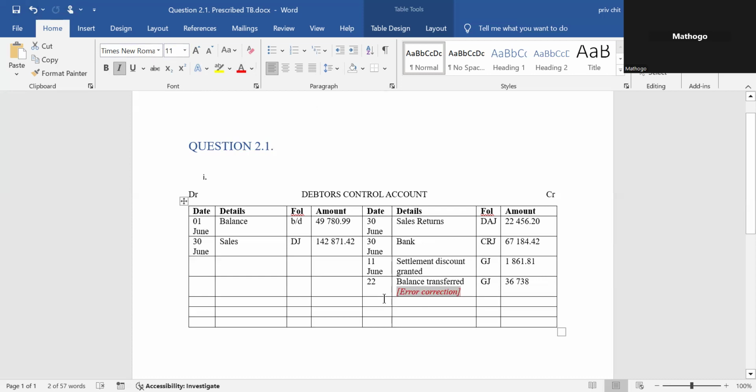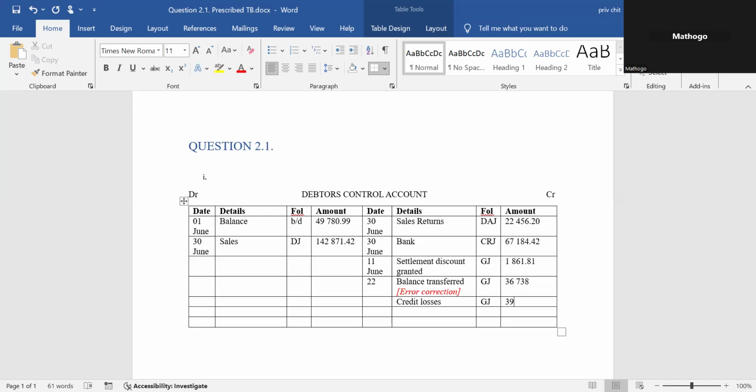Then we go to the next one. Credit losses, it goes here, coming from the general journal. And how much is the amount? It's 34,002. Not that one. Remember, I have to focus on the credit side. No, focus on the one that's written debtors control.